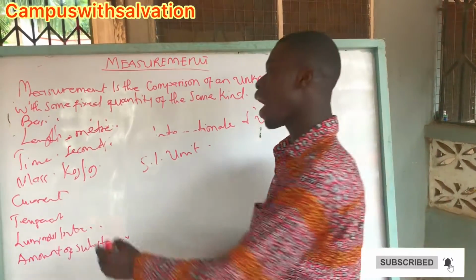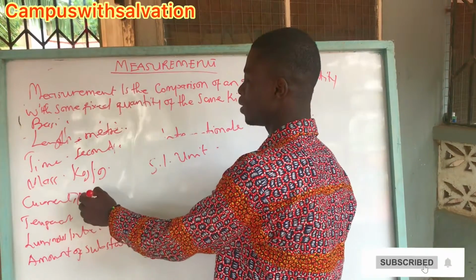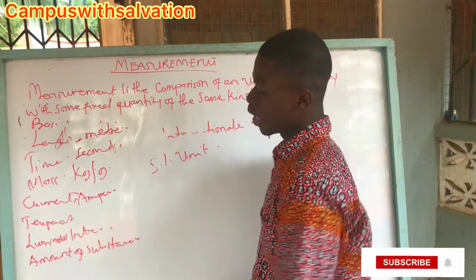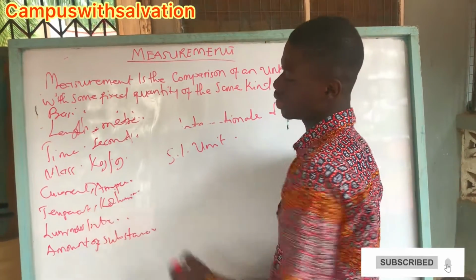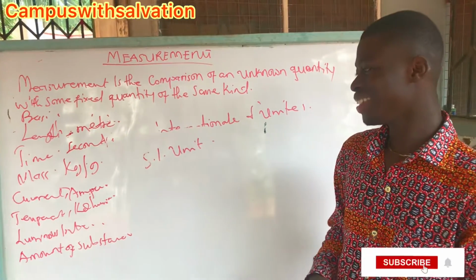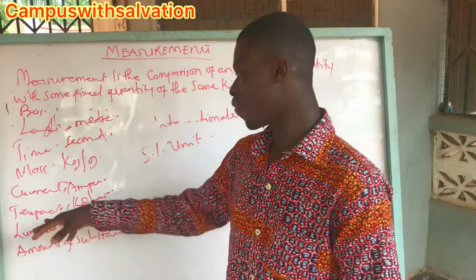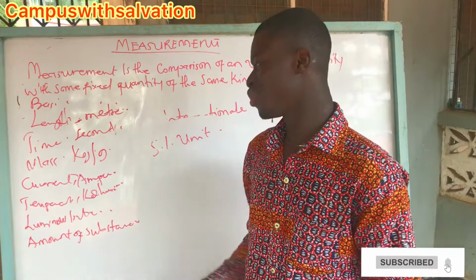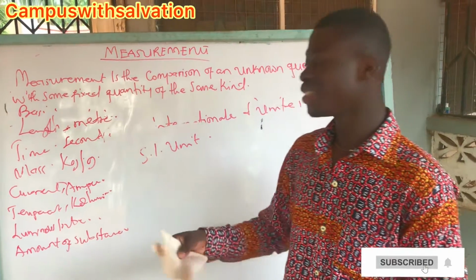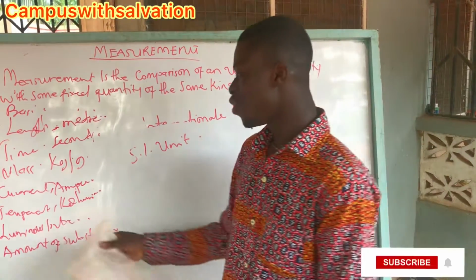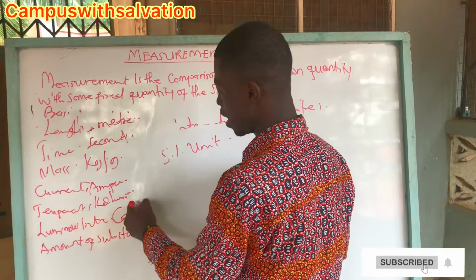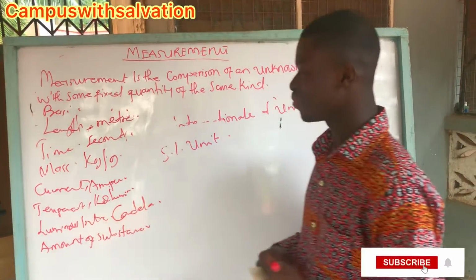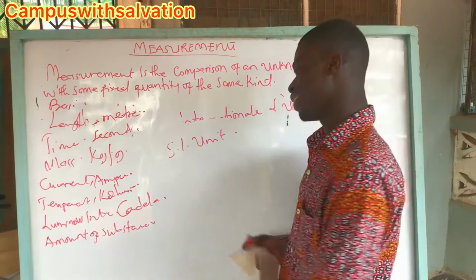Current is measured in ampere. Temperature is measured in Kelvin. That's someone's name. He was the one who discovered everything about temperature, so the SI unit was named after him. Luminous intensity is measured in candela. It also shows someone's name. Amount of substance is measured in mole.